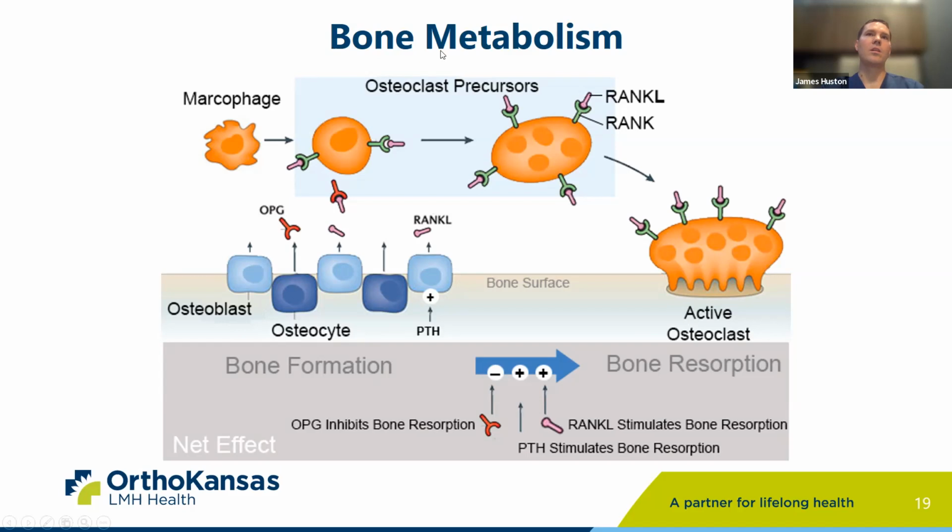So these are all of the different hormones and little cytokines and things inside the body that can be targeted by these medications in order to kind of turn the tide to improve bone density.